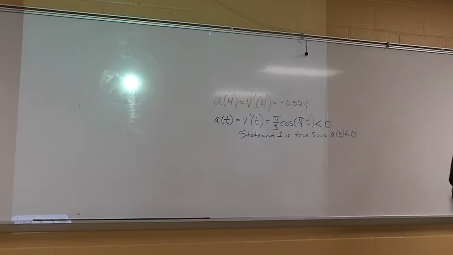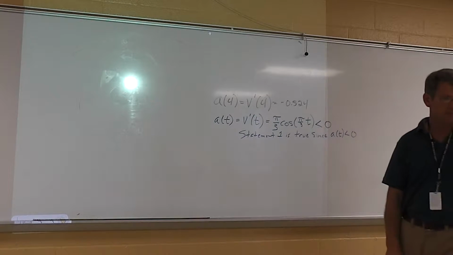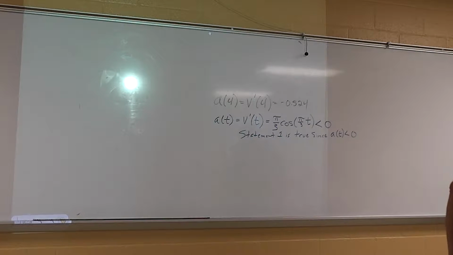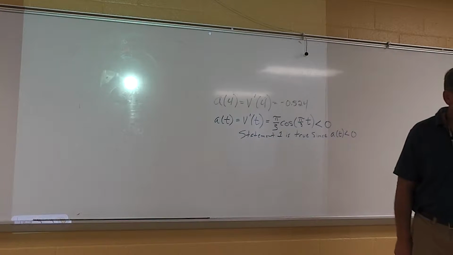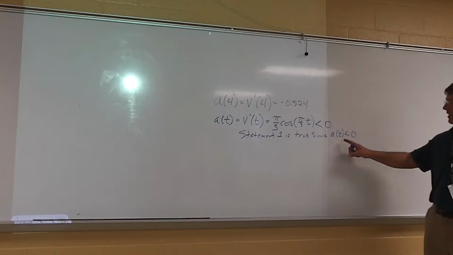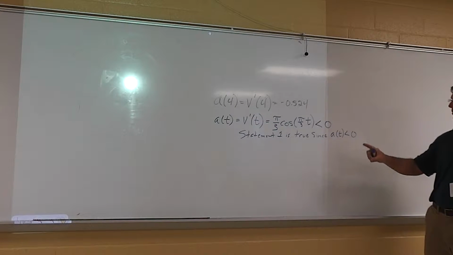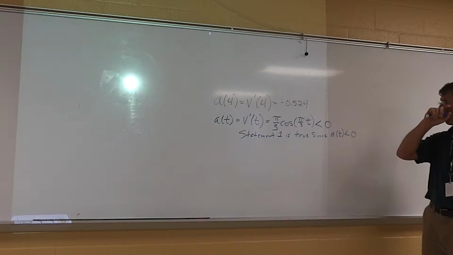If the sign of velocity and acceleration are the same, whether they're both positive or both negative, then speed is increasing. If they're opposite each other, then one is slowing the other down, so you can think of it as speed is decreasing. So what did you find on part B? On that interval, we've already said velocity, or, no, we didn't even talk about what velocity was, did we?